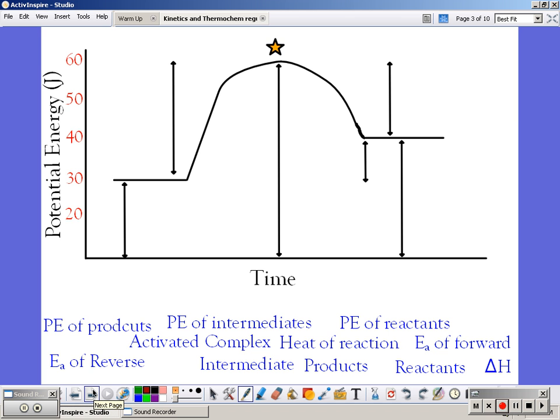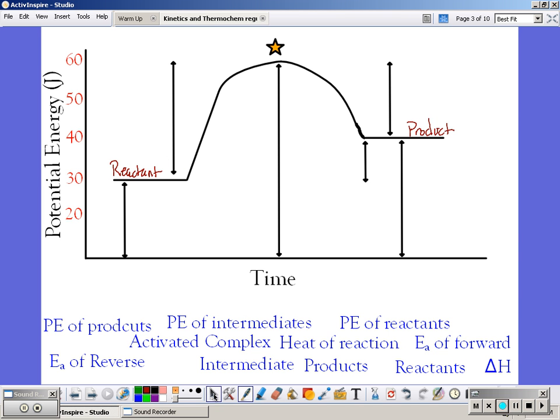So on the y-axis you have potential energy, and then you have time or rate as the x-axis. So these are some things that you need to be able to identify. You always start a reaction as a reactant, and you always end a reaction as a product.